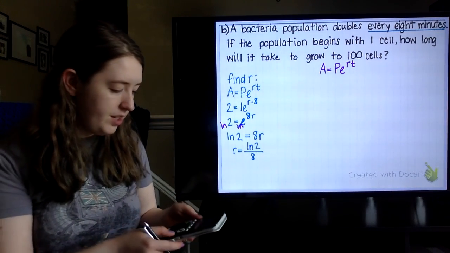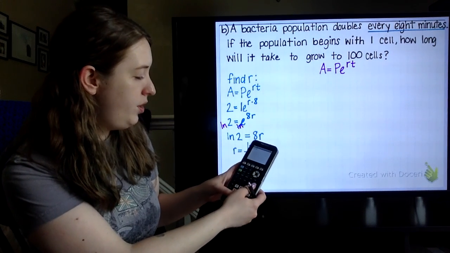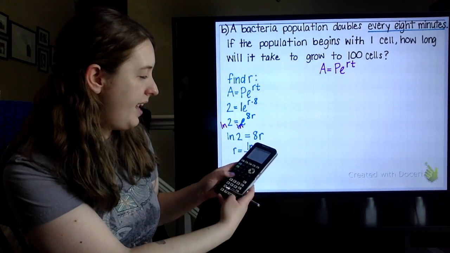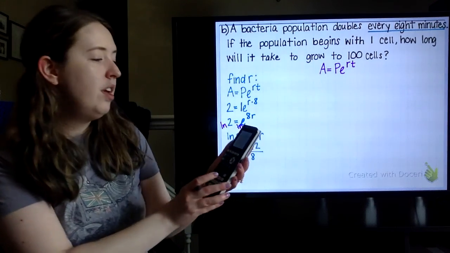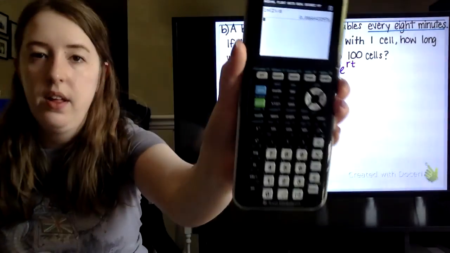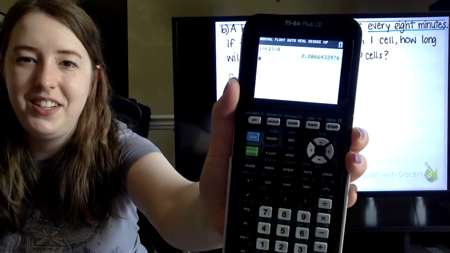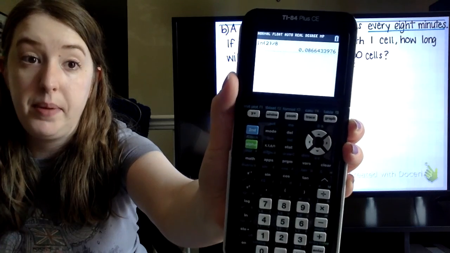So here's how we're going to do that. We type in natural log of 2 divided by 8, and then press enter. We get this number that's about 0.0866, and so on.